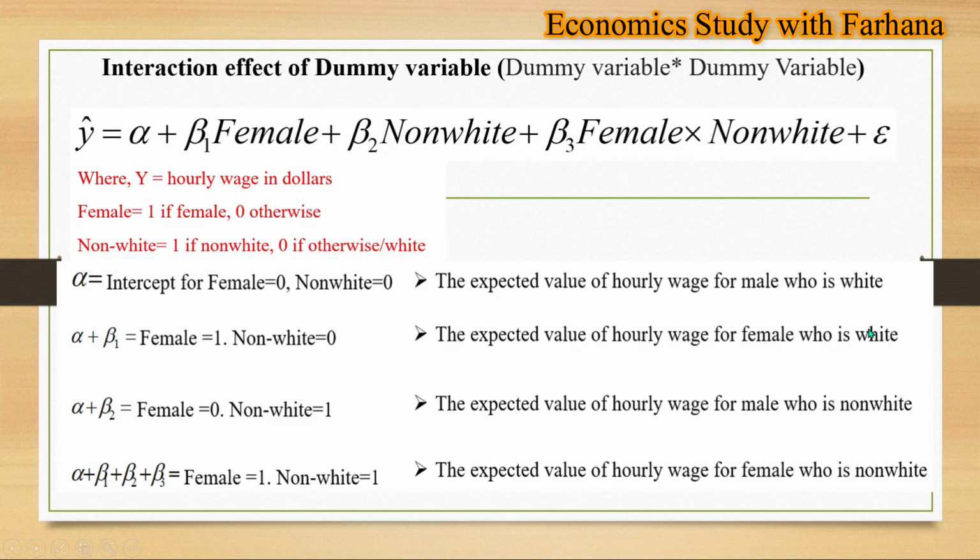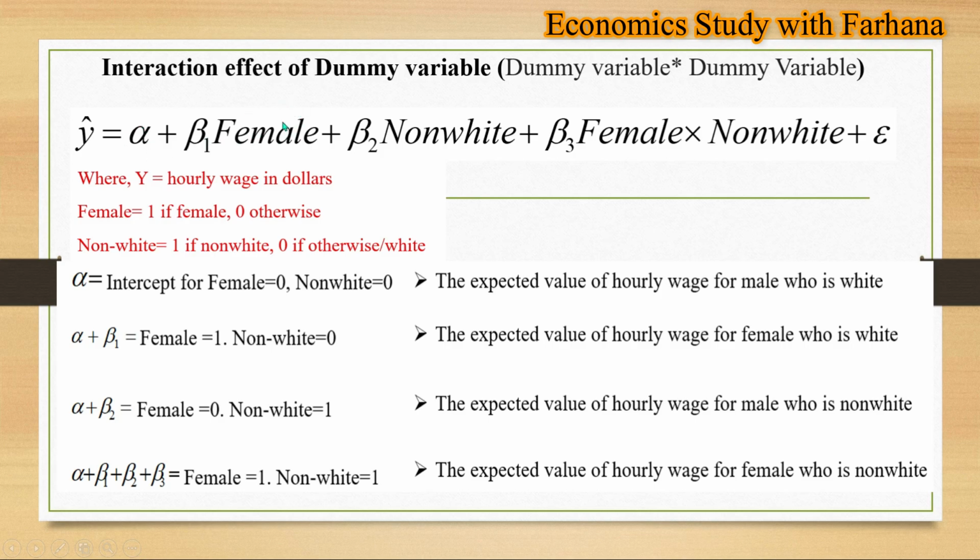We have found this result by this calculation. If we consider the mean hourly wage for male and white, that means both are 0. So if we substitute the values of these dummy variables with 0, the alpha will remain.